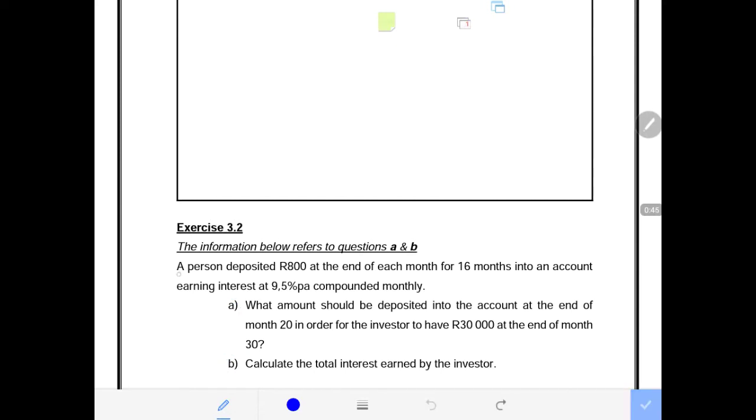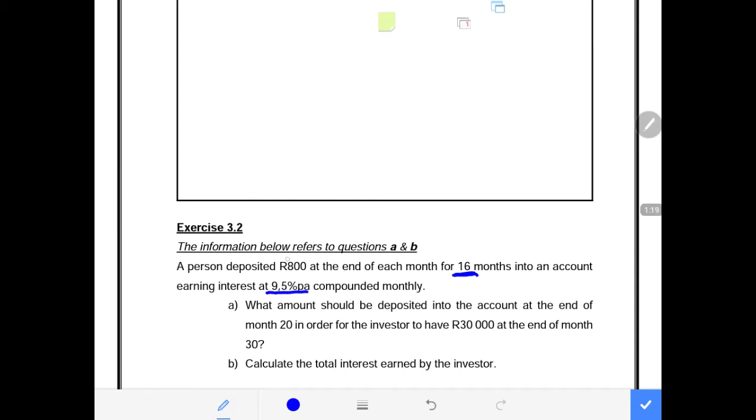It says a person deposited an amount of 800 at the end of each month, and the minute the monthly deposits or payments or investments are made at the end of the month, we know that is an ordinary annuity. And these 800 payments were paid for 16 months into an account that earns interest at 9.5% per annum compounded monthly.